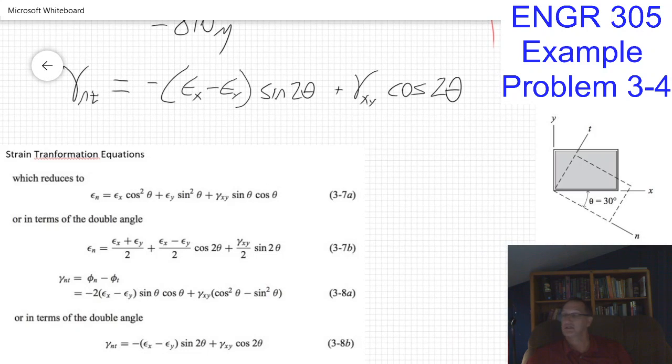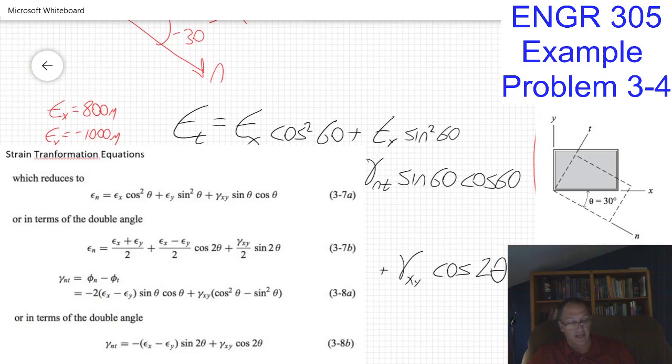And that just fits on there. And then I can substitute in minus the strain in the x.